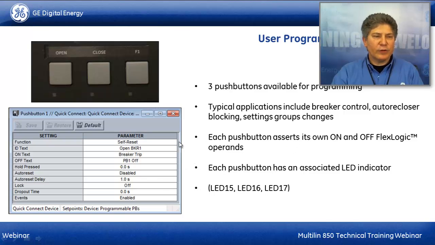So here's just a further description. The push buttons themselves are also programmable to the point where you can indicate on the display when the button is pressed. It will display a message that you've programmed in here to indicate that either the push button has been depressed or whether it's been released. We can reprogram how long the push button has to be pressed before it becomes active. So this is another option that's available to us.